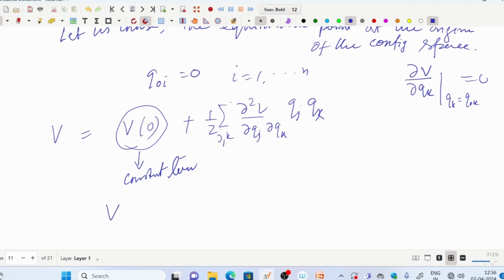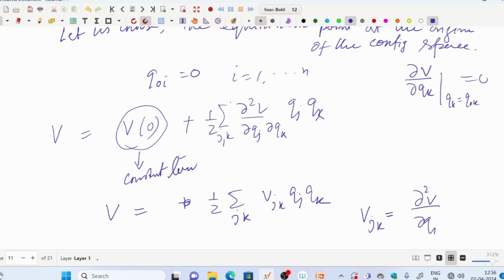So, V in the simplified version I can write as half, sum over j k, of V j k q j q k, where V j k is del 2 V del q j del q k.